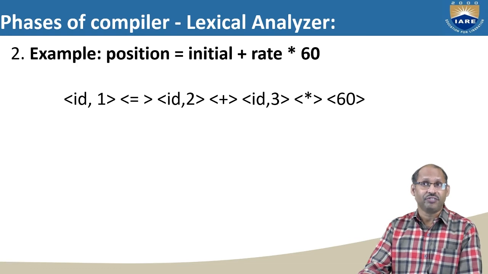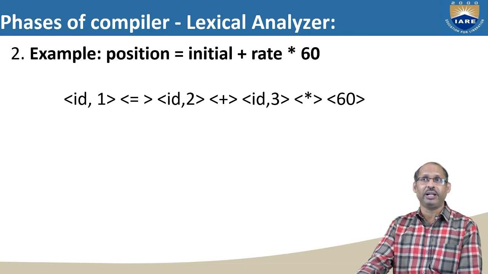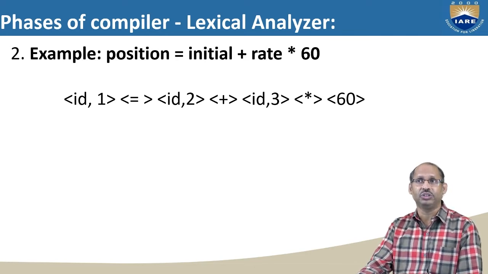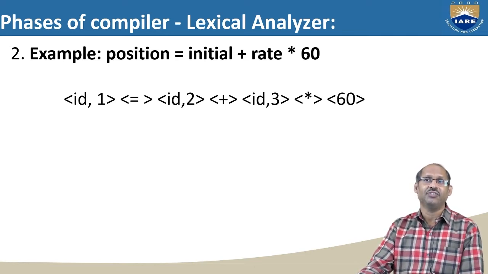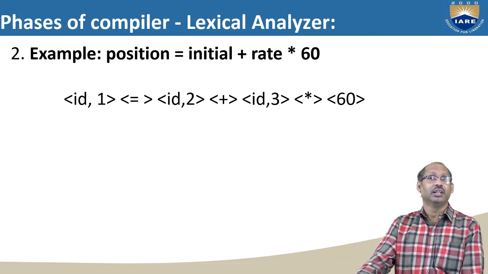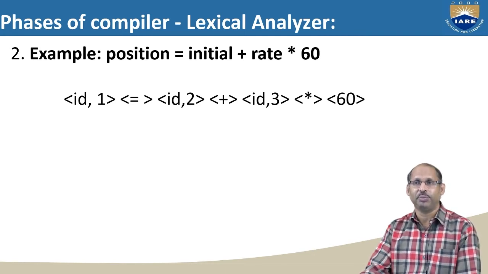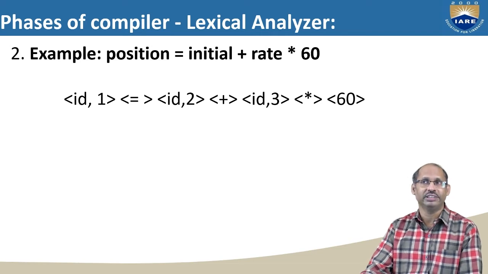The sequence of character input is converted into a sequence of tokens as output of the lexical analyzer. So position assignment initial plus rate into 60 is converted into id comma 1, first identifier, assignment operator, second identifier, plus operator, identifier 3, multiplication operator, a constant 60.